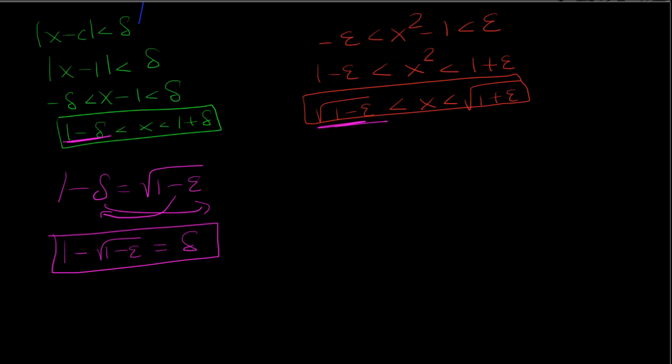And that's our first delta. For the second delta, we're going to set the upper bounds equal to each other. So that will just be 1 plus delta equal to the square root of 1 plus epsilon. And if I subtract 1, delta is negative 1 plus the square root of 1 plus epsilon.